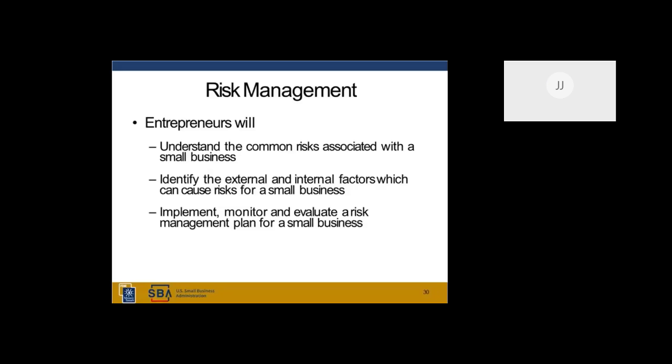This module could be considered a slightly more in-depth version of a SWOT analysis, if you remember that concept, looking at a business's strengths, weaknesses, opportunities, and threats. It also might be combined very well with the insurance module that David mentioned. When you talk about a business owner identifying and managing risk, one of the ways they manage that risk is through insurance. Those two modules can work very well together.